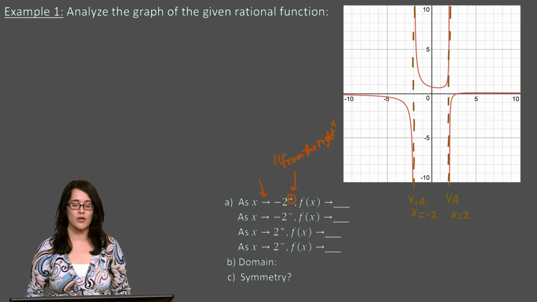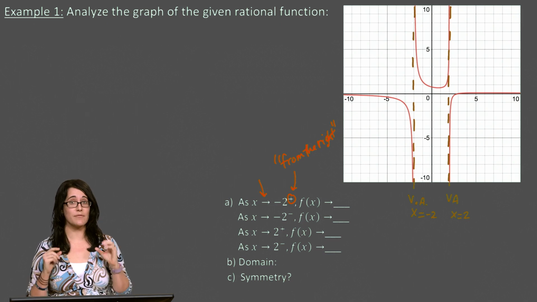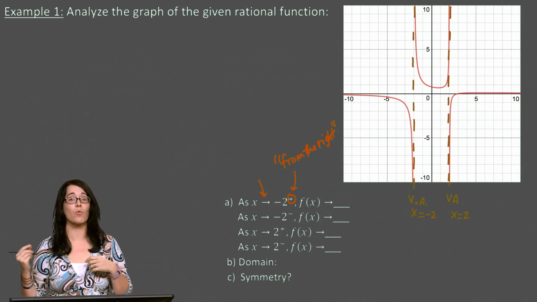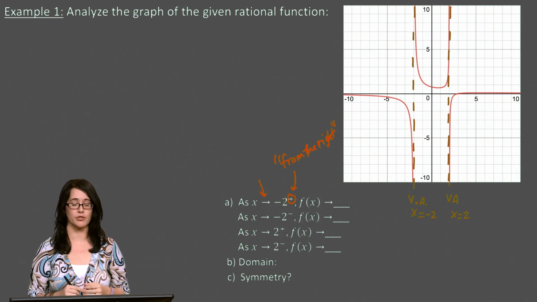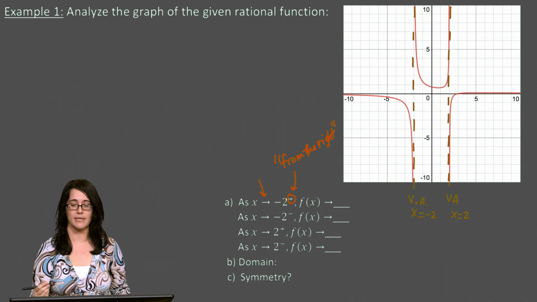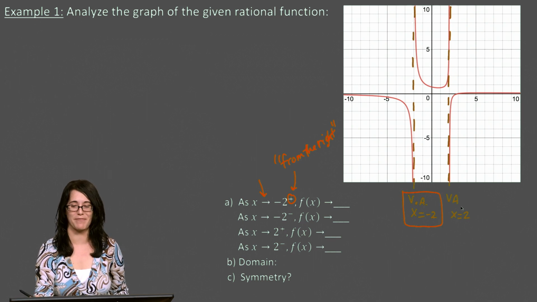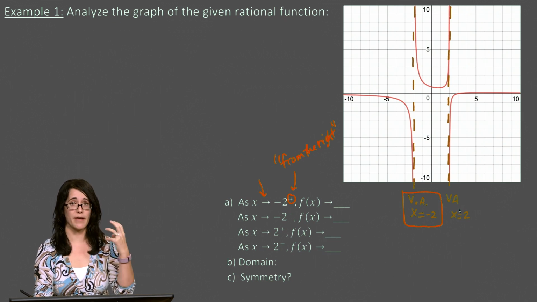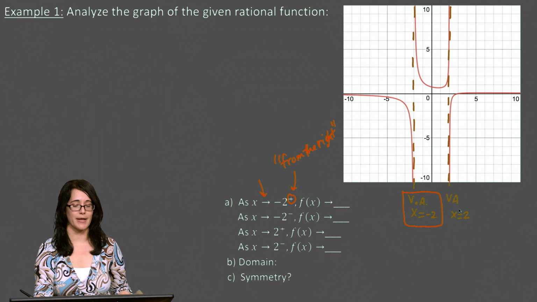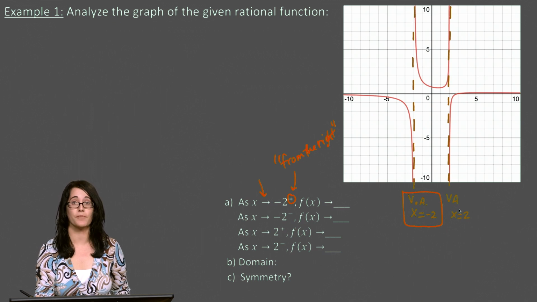That's right. So in this situation, we're going to say, as x approaches -2 from the right, f of x approaches what? Well, let's take a look. At -2, that's our vertical asymptote here, the first break in the graph that we see. And we're supposed to be answering the question, where is our function, our y value, our f of x, where is it approaching as x approaches -2 from the right?